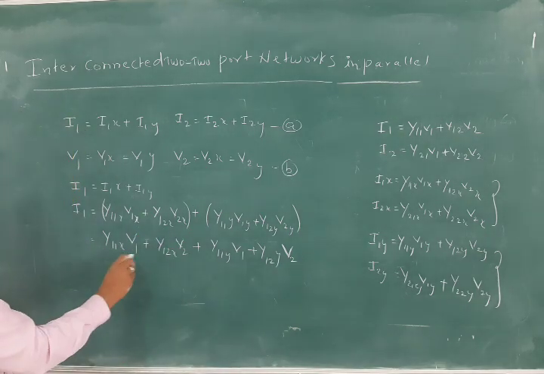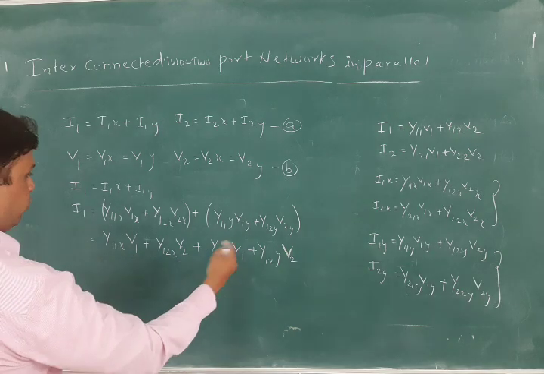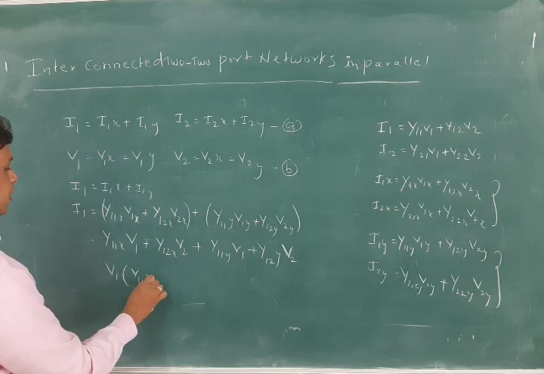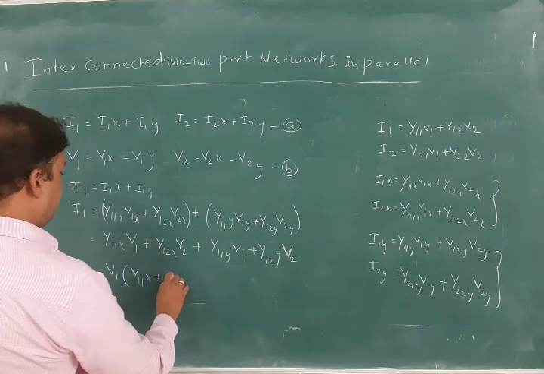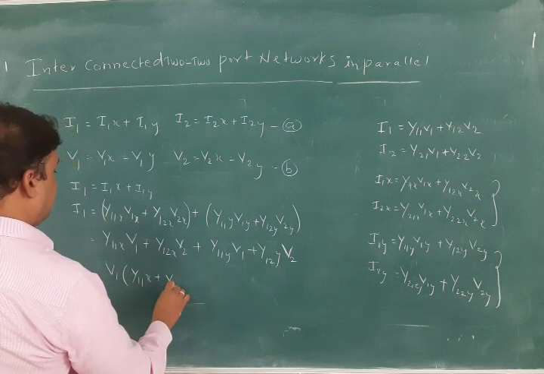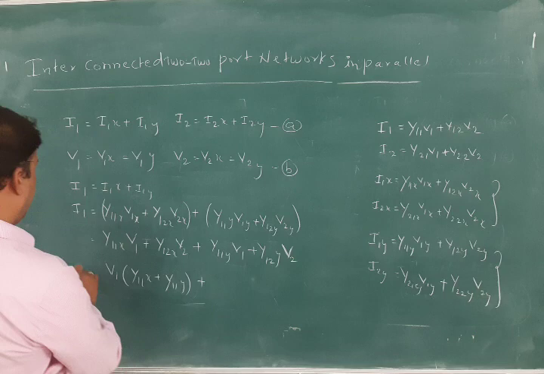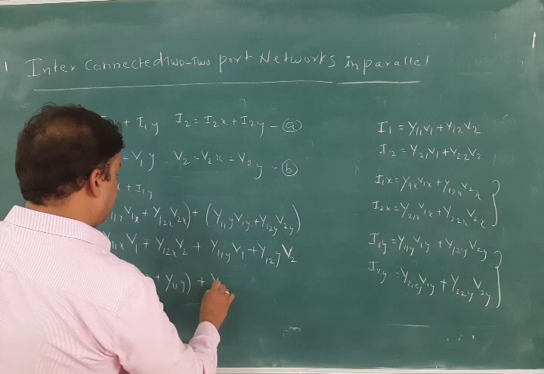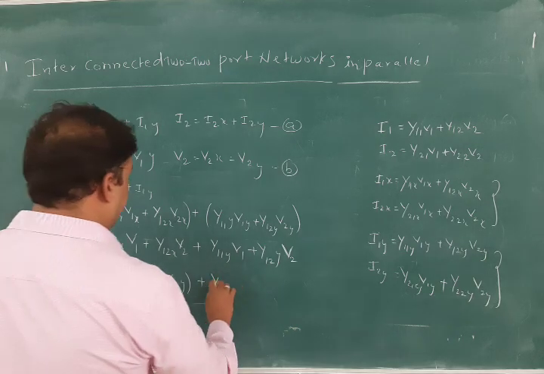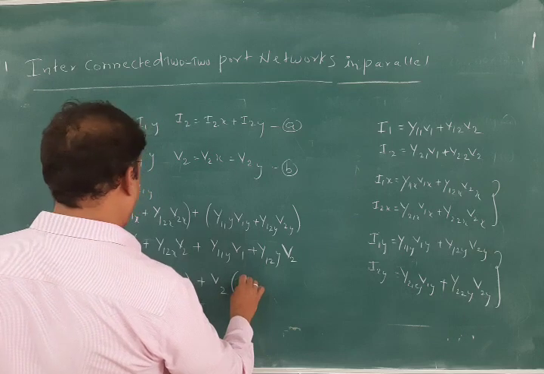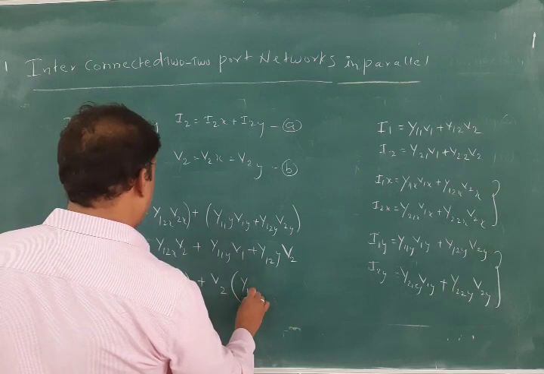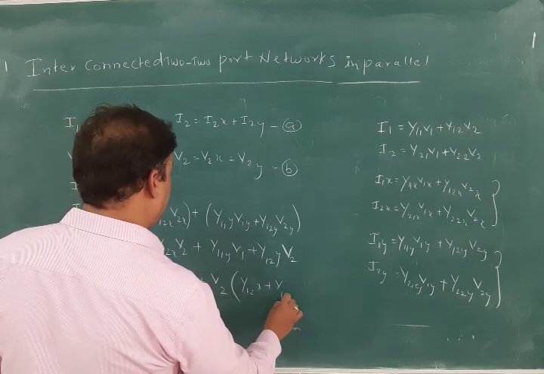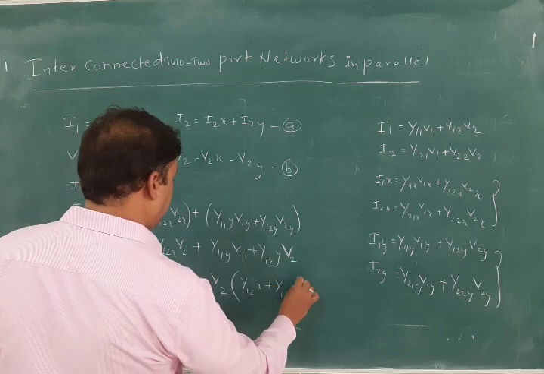So, if you got this one, we will make the V1 term separate and the V2 term separate. What we do here: V1 into Y11x plus Y11y, plus V2 is common, and we will write here Y12x plus Y12y into V2.